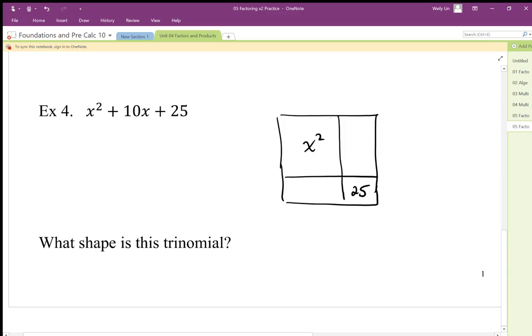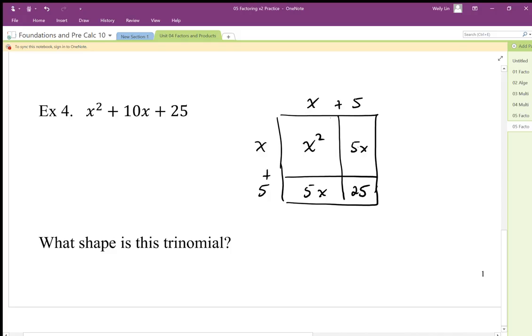Well, we know that 5 times 5 is going to give us that 25, so we can split up the 10 into 5 and 5. That gives us a side length here of 5, and the common factor of x squared and 5x is x. So here we have x times x, and then x times 5 equals 5x. Okay, so everything's consistent with length times width equals area.